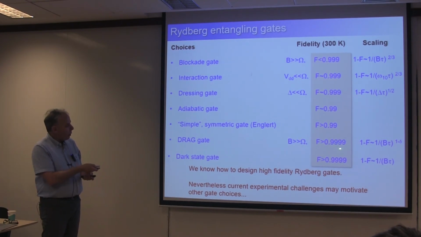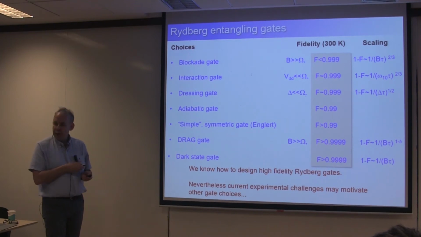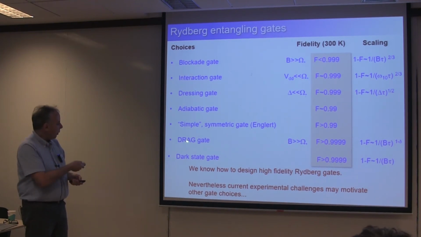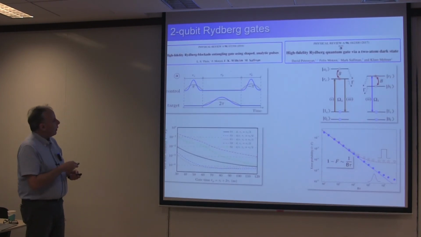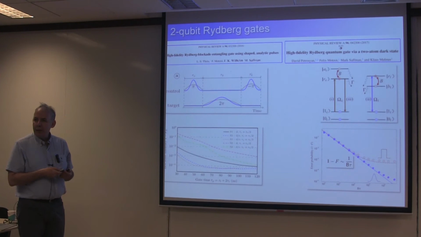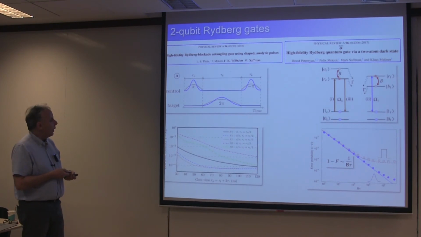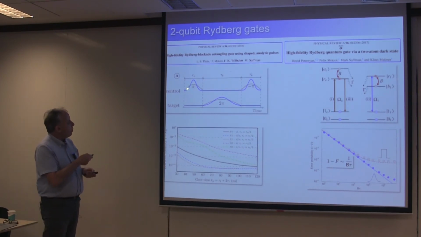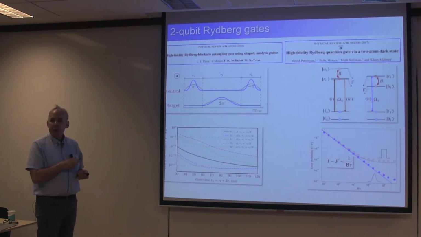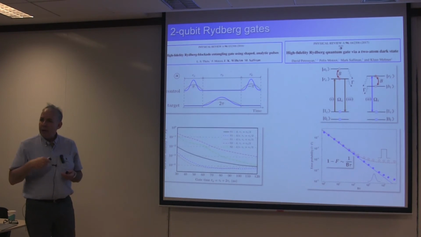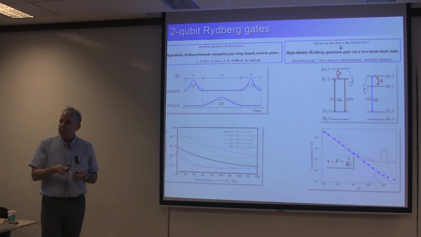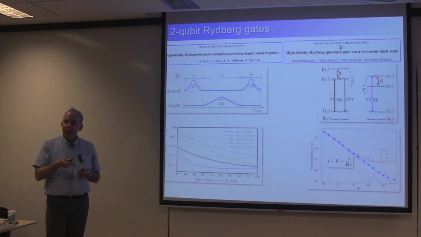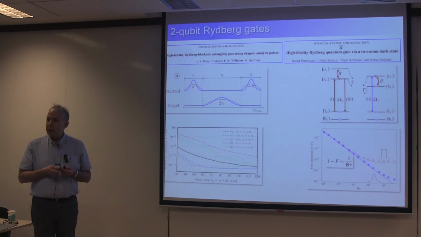And let me just say a couple of words about these last two variants here, something I call a drag gate and a dark state gate. This drag gate uses some ideas that originated in the superconducting qubit community. The idea is simply not to use constant amplitude square pulses, but to use shaped pulses that are designed in such a way that we can drive the Rydberg excitation very fast and thereby minimize spontaneous emission errors, yet nonetheless not have leakage to other Rydberg states.